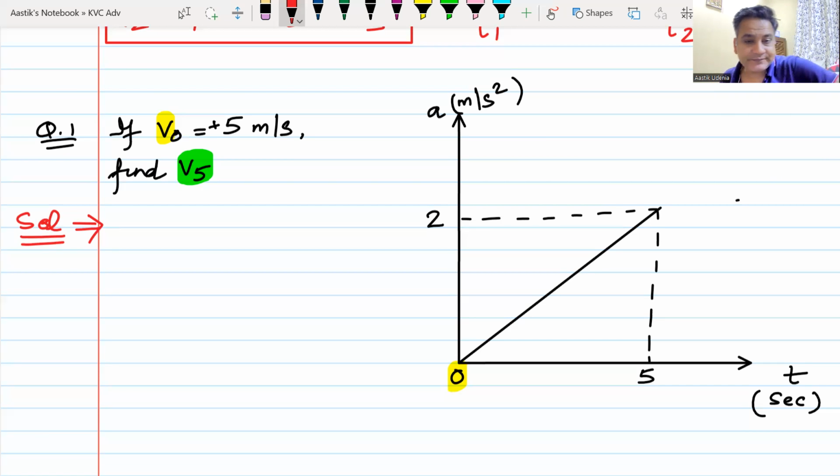Anyone else? Shall I solve it for you? Yes or no? No one?